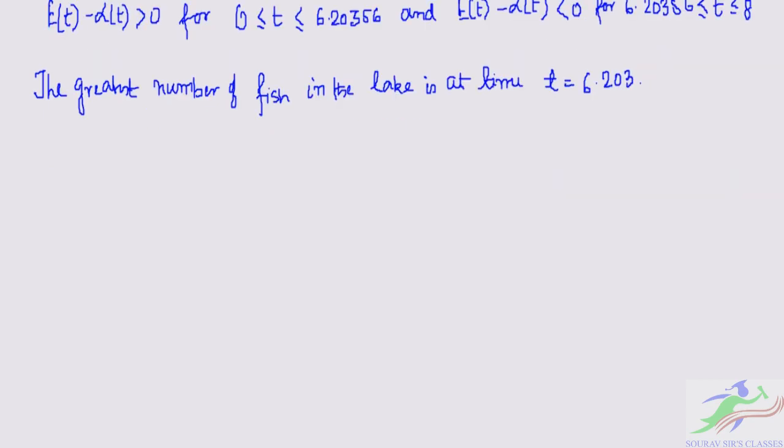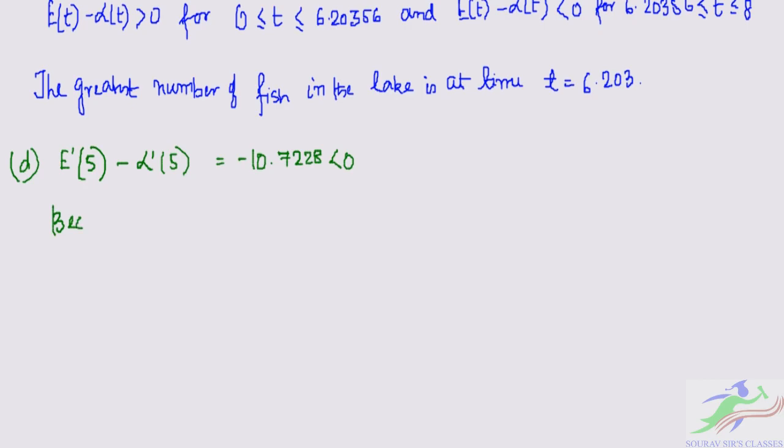So let's solve this part D. So we have E prime 5 minus L prime 5, it will be equal to minus 10.7228, which is obviously less than 0.